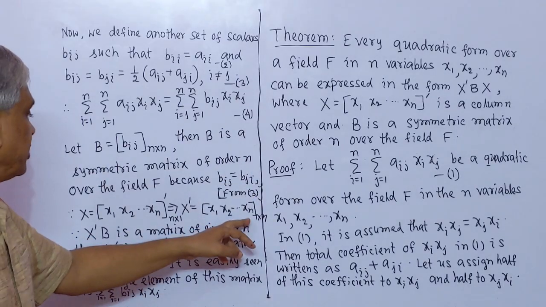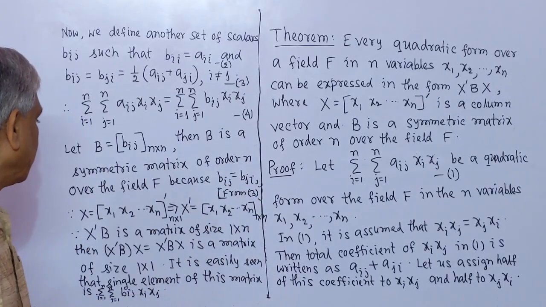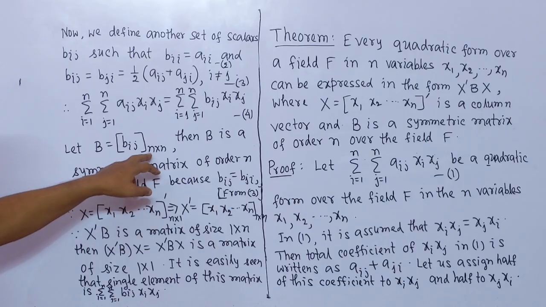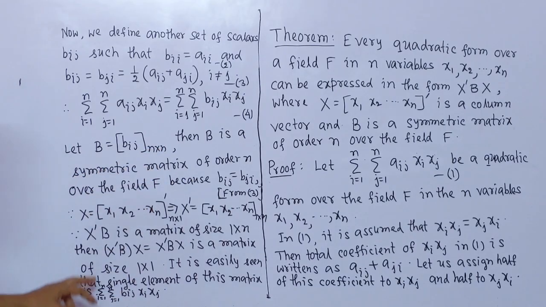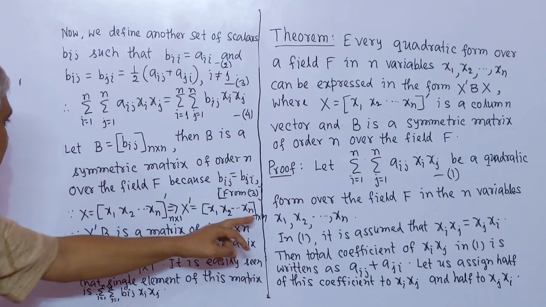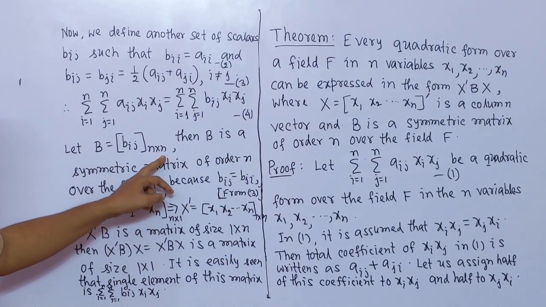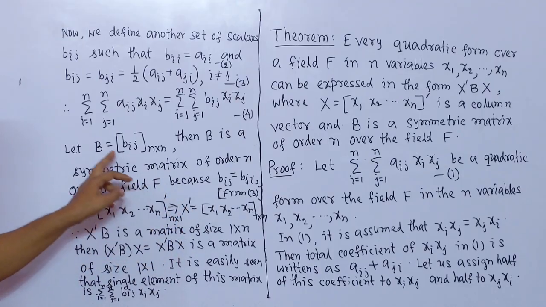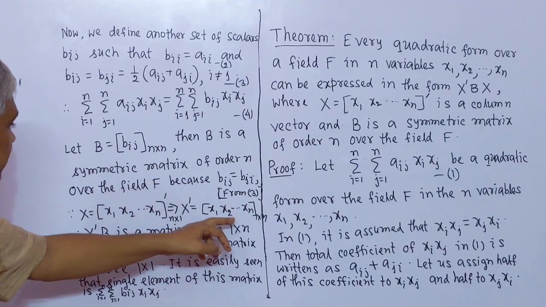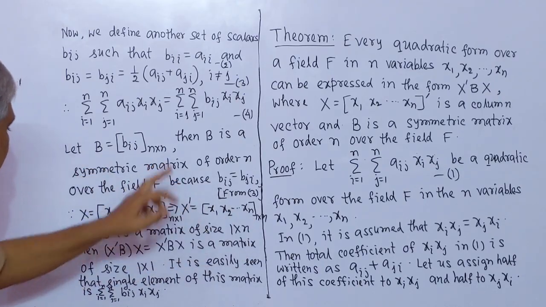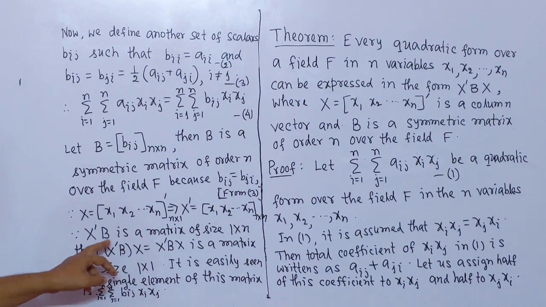So this is size 1 by n and B is of size n by n. Now x transpose multiply B, x transpose is size 1 by n and this is n by n. So if we multiply x transpose multiply B, we will get a matrix of size 1 by n.